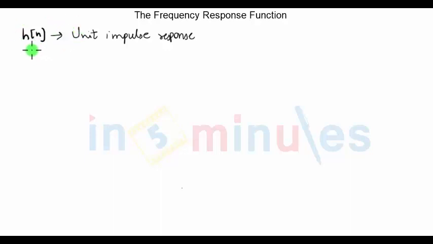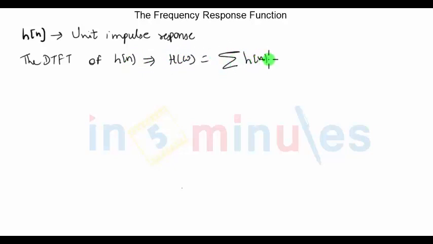So if h of n is the unit impulse response, then I can find the DTFT, the discrete time Fourier transform, of h of n, which is given as H of omega, which is nothing but the summation of h of n into e raised to minus j omega n, where n will vary from minus infinity to plus infinity.